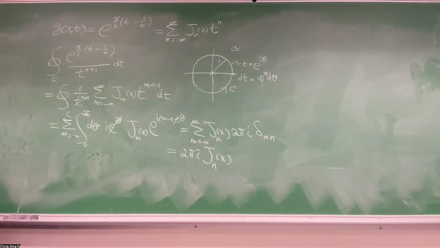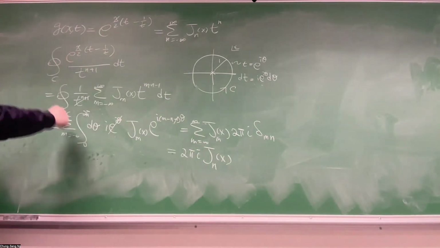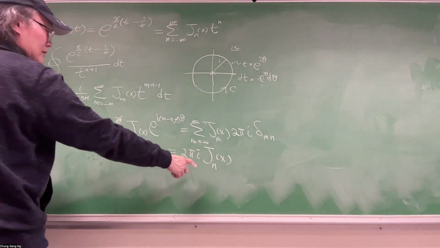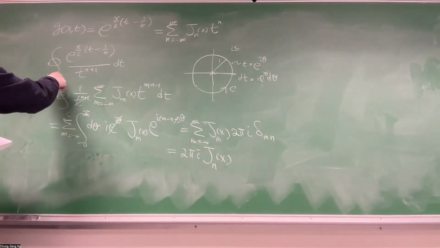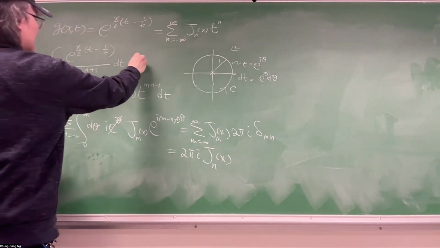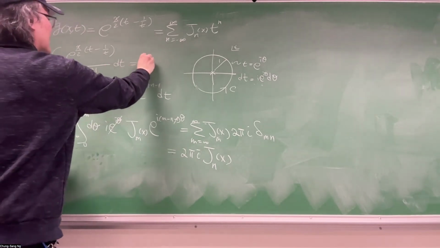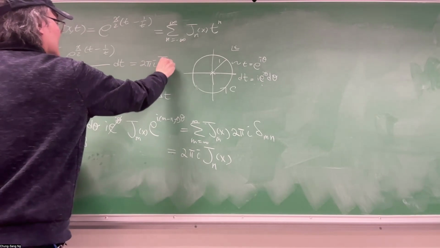So all this is just derivation, and you show that J sub n is equal to this. Write it in here: this is 2 pi I J sub n of x.